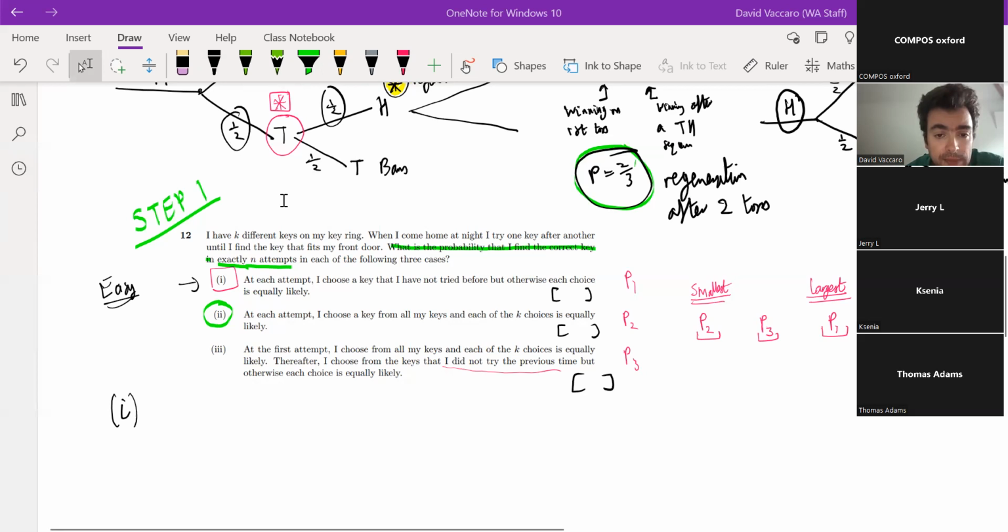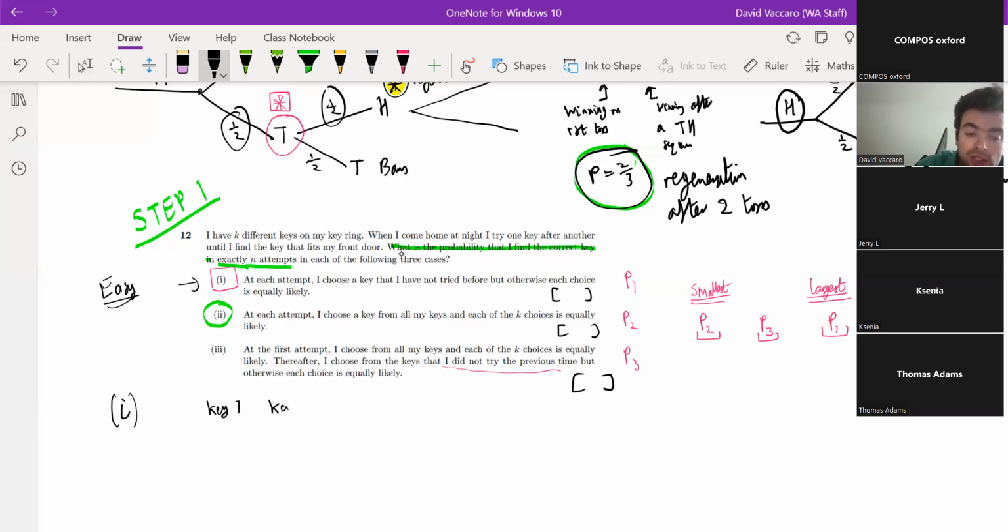It's not nk. In case I, you're just systematically working through your key ring. So you're doing key 1, then key 2, then key n in the nth turn, and then your final one will be key k.